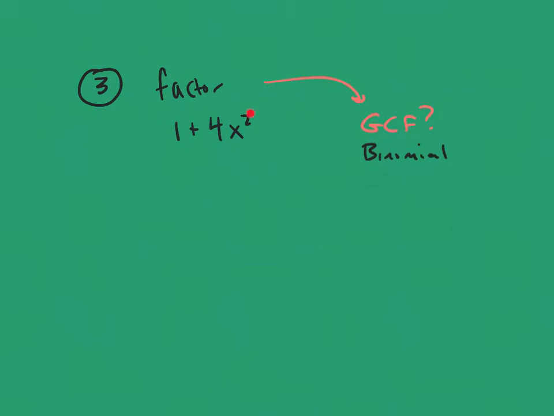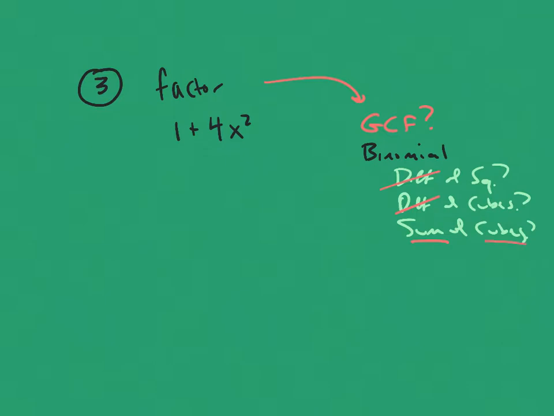It's got 2 terms, so we know it's a binomial. And you want to check, is it difference of squares? Well, it's not difference of anything because we've got a plus in the middle. Difference of cubes or sum of cubes. Could be sum because it is a plus in the middle.